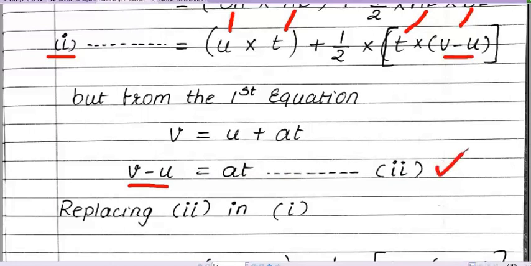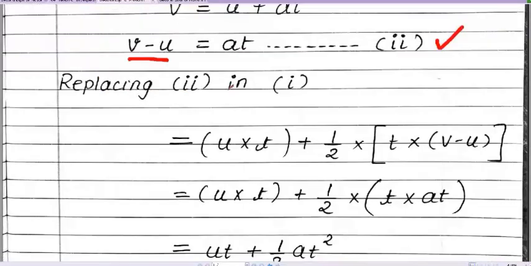Now what we will do is replace this second result, that is V minus U is equal to AT, in the first one. So let's do it. The first result is this. U and T will remain the same, half will remain the same, this T will remain the same, but now we know that V minus U is nothing but AT. So instead of V minus U, we will put AT.